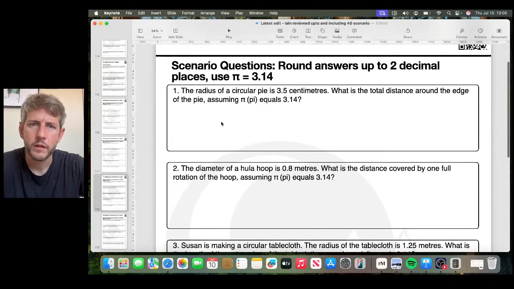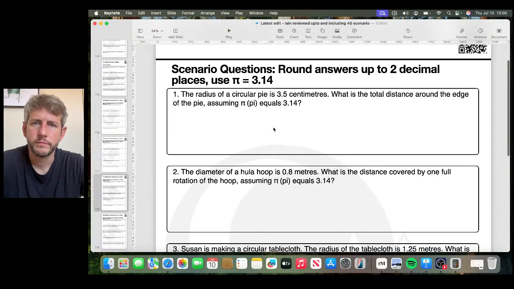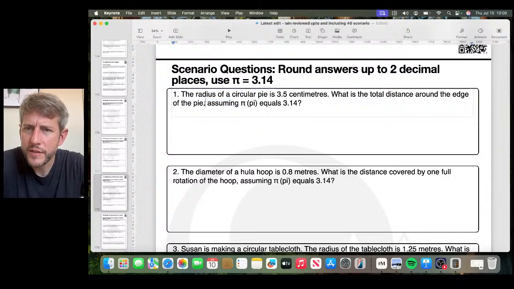Okay, right. I actually think, because I've put here, use pi equals 3.14, I think actually that's messy as well.